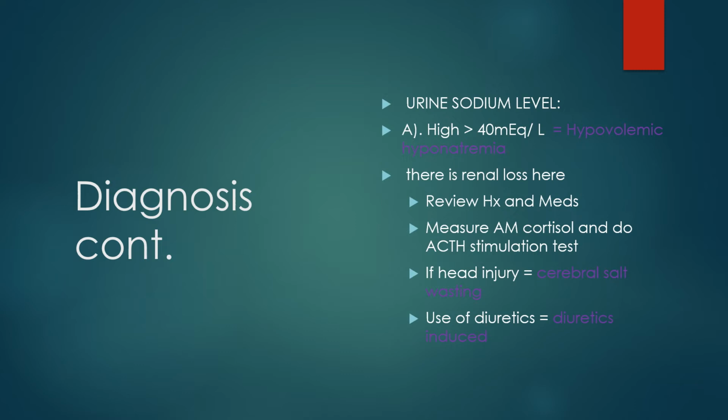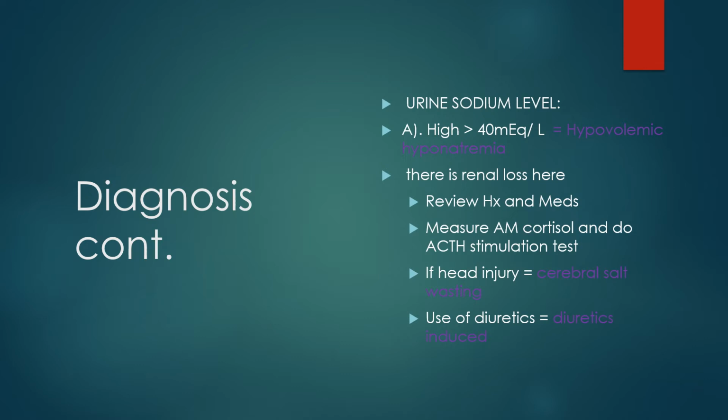Okay, so we are going to review the history and of course medications. And here we will measure our cortisol in the morning and also do ACTH stimulation test. You can check my channel for adrenal insufficiency and an ACTH stimulation test. I have all those published already.